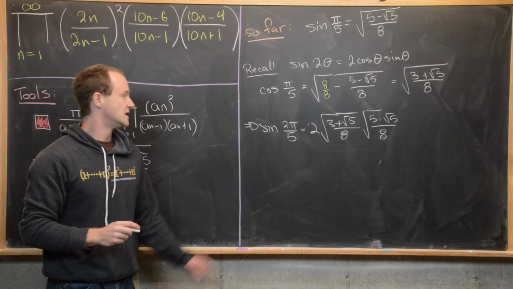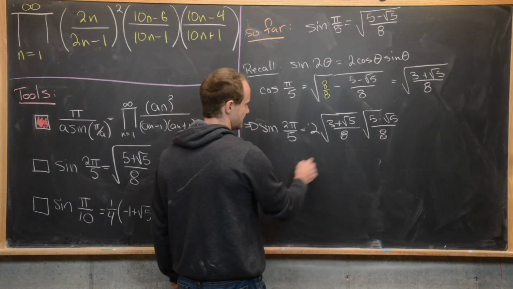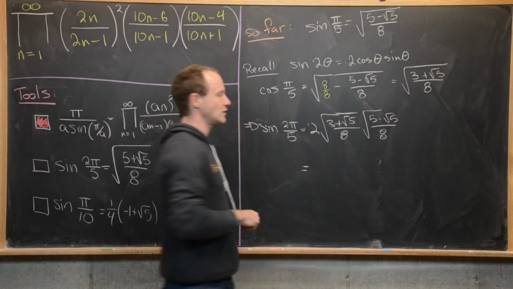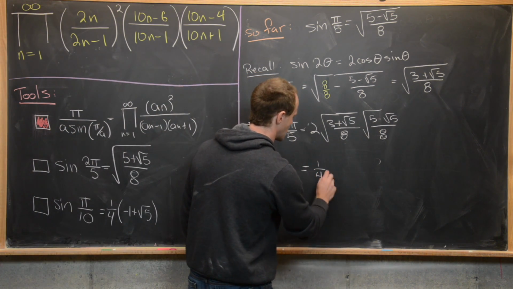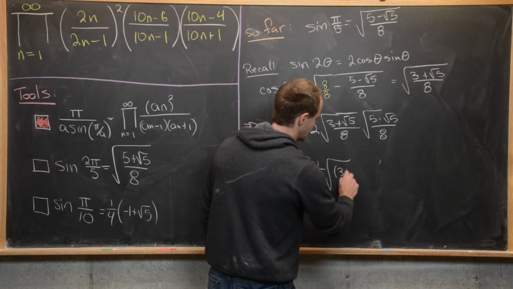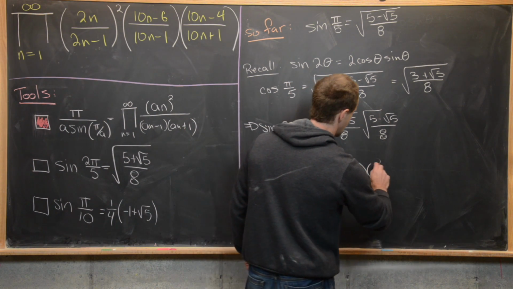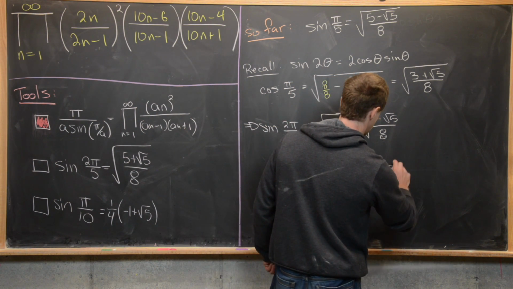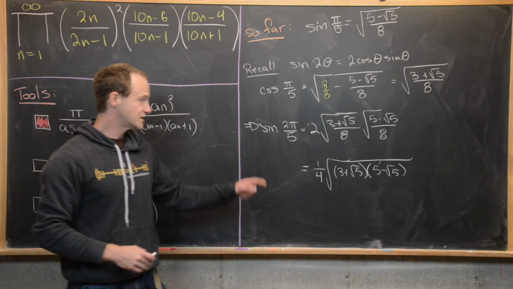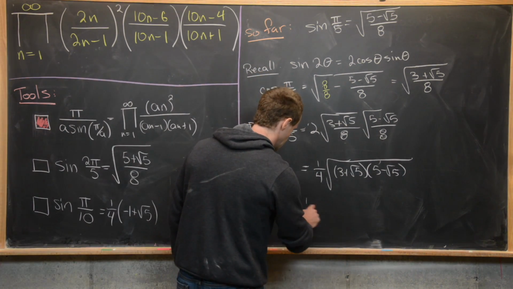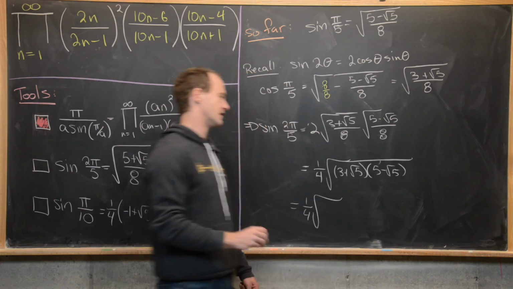Good. Now let's go ahead and simplify this a little bit. I'm going to bring this 8 out because we've got 2 of them under a radical. That's going to give me 1/4, and then I'll have the square root of 3 plus root 5 times 5 minus root 5. So we need to multiply that out. The rational part is what we'll take care of first.